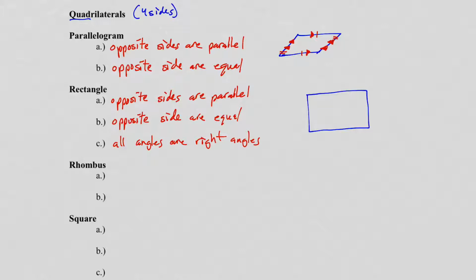Okay, so we know we have parallel lines, so I'm not going to mark that again. But we do have, again, opposite sides are equal, and all angles are right angles.